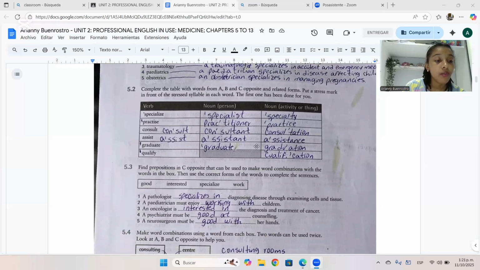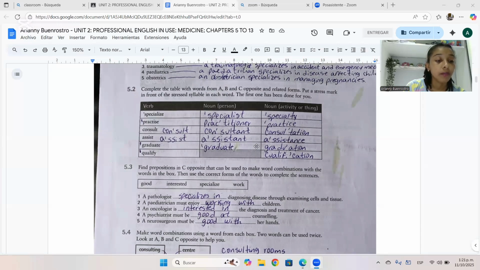Complete the table with words from A, B, and C opposite and related forms. Put a stress mark in front of the stressed syllable in each word. The first one has been done for you. Verb, noun (person), noun (activity or thing). Specialize, specialist, specialty.